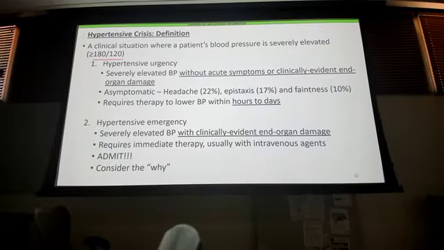And then once you have that profound elevation of their blood pressure, we have to determine, is this hypertensive urgency, where you have that blood pressure elevation but there's no end organ damage, or are they having end organ damage and now they have hypertensive emergency associated with it? And when we talk about hypertensive urgency, the symptoms of headache, bloody nose, and faintness do not count as symptoms of end organ damage, okay?